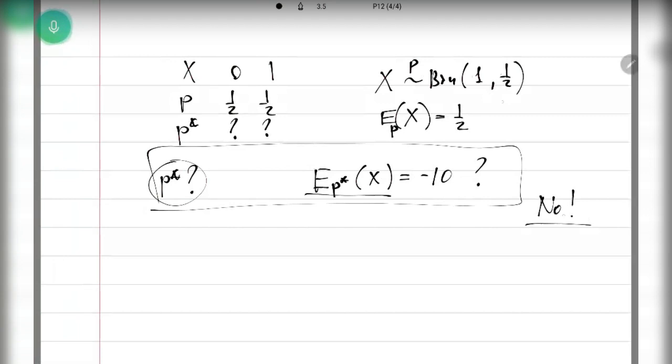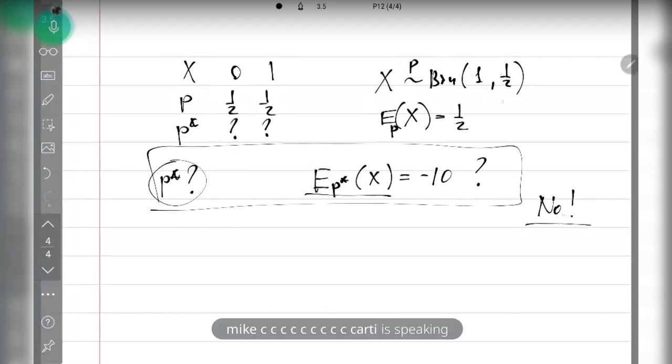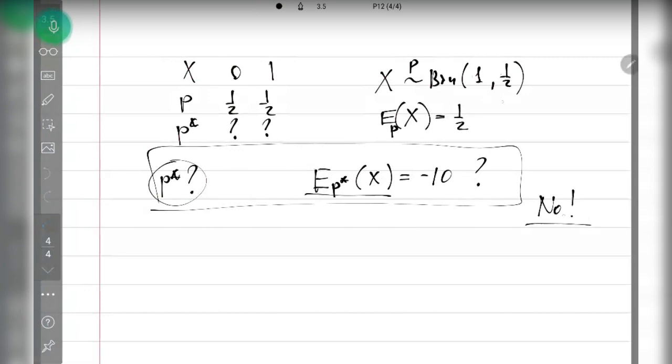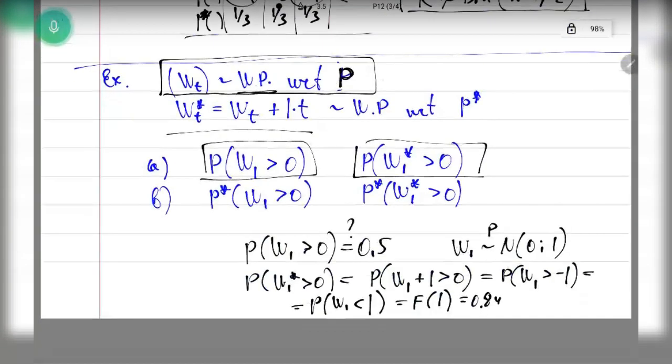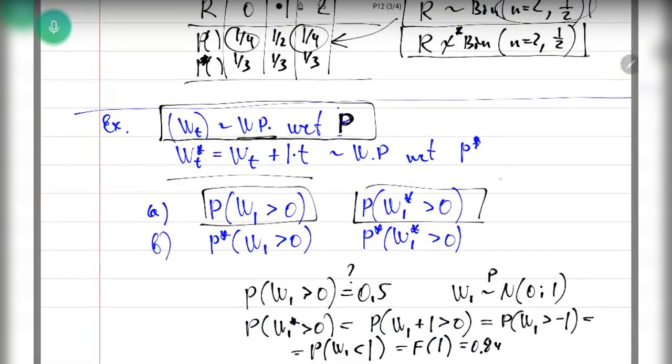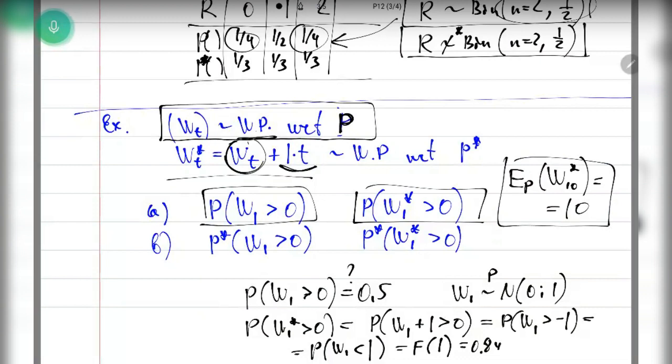That's okay. And if we go back to our example of Girsanov theorem, if I calculate the expected value under P of W star 10, obviously it will be 10, because the expected value of W is 0. This is 10, so the expected value of this guy is 10.